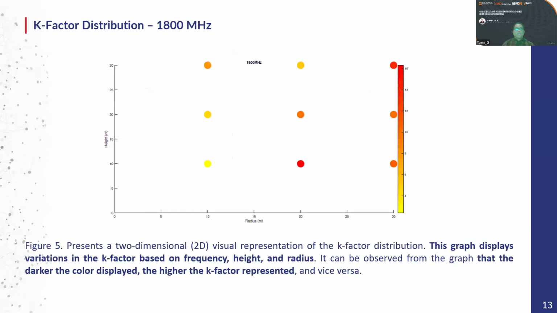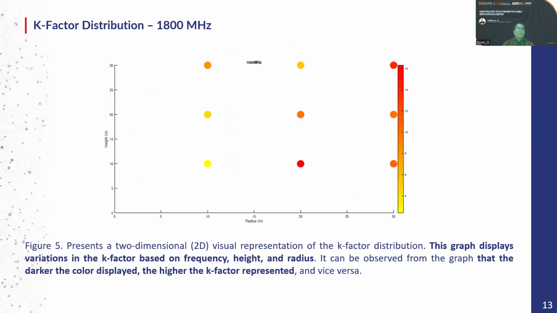And next, we observe a two-dimensional 2D visual representation of the K-factor distribution at the frequency of 1,800 megahertz. The graph illustrates the variation of K-factor values based on height and radius. The x-axis represents the radius in meter, while the y-axis indicates the height in meter.